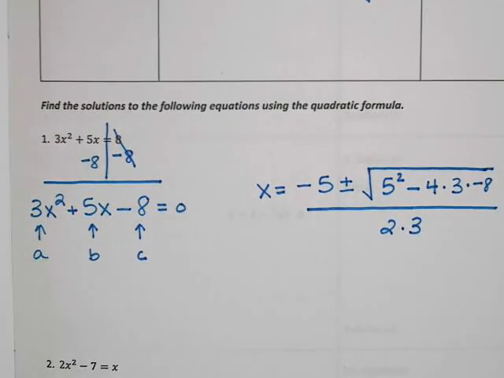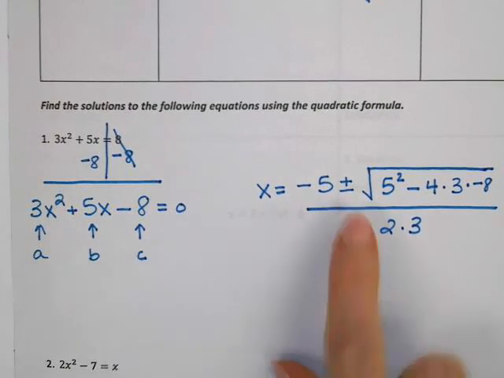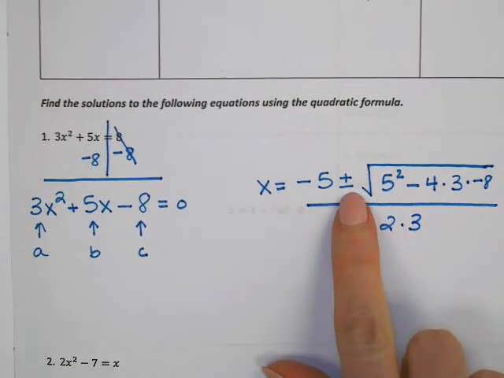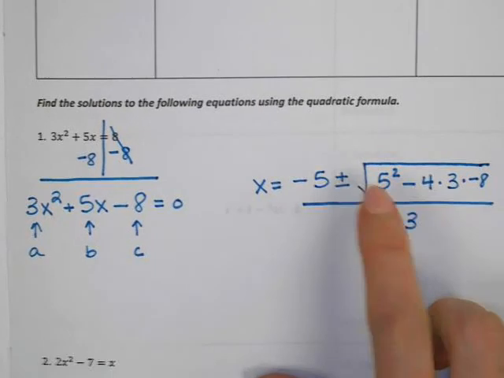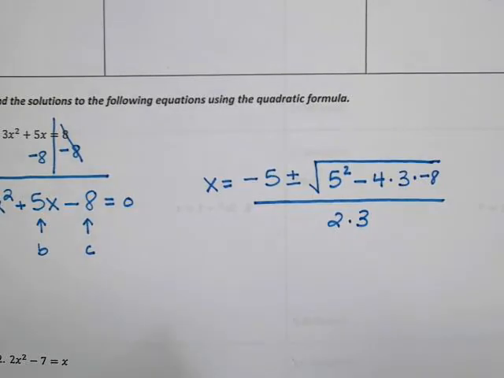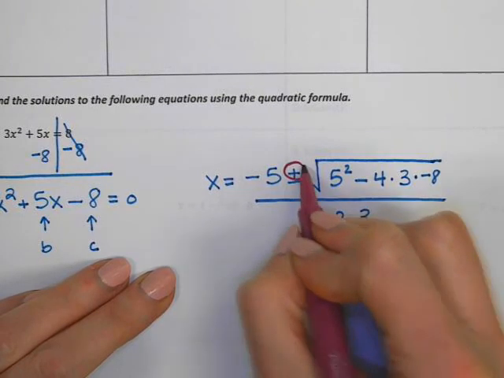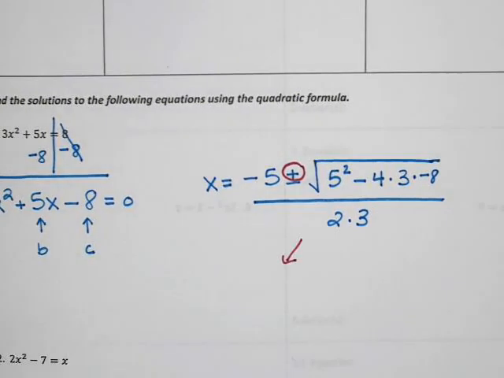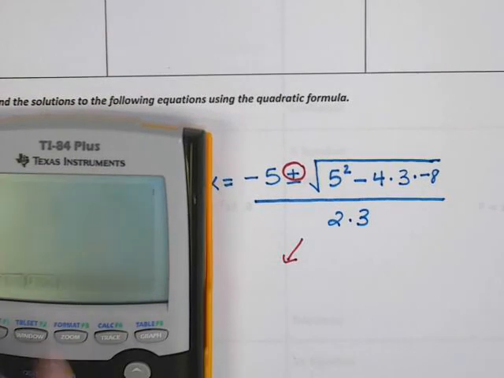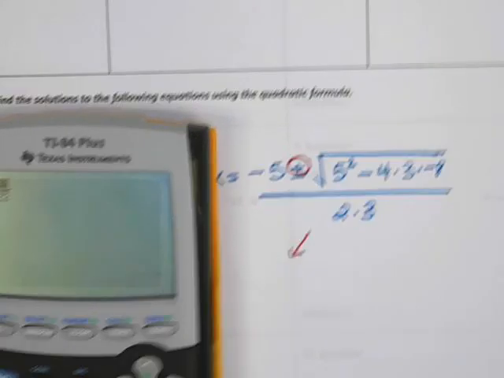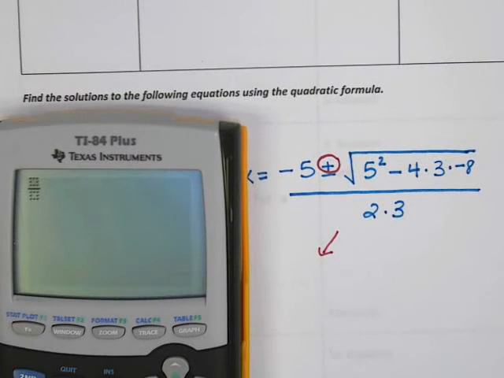All right, now bust out your calculator. But remember, when there's a plus or minus, you have to type it in twice. Once with the plus and once with the minus. So let's do the plus version first. Okay, I would make a fraction, and then literally just type it in.